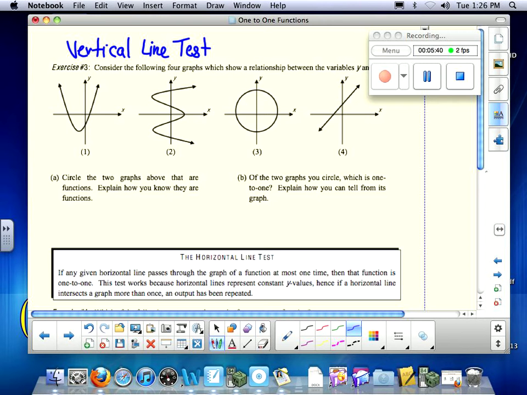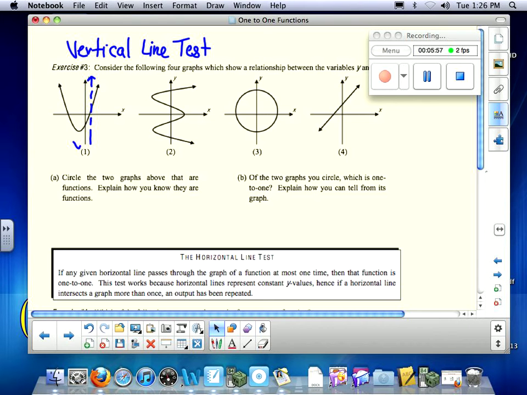Yep, if we pass a vertical line through our graph, and if you can imagine that sliding left and right, if it only hits one time, then we're good to go. So here's a vertical line, and if we slide that left and right, it'd hit like 4, so that's a fail for a vertical line.